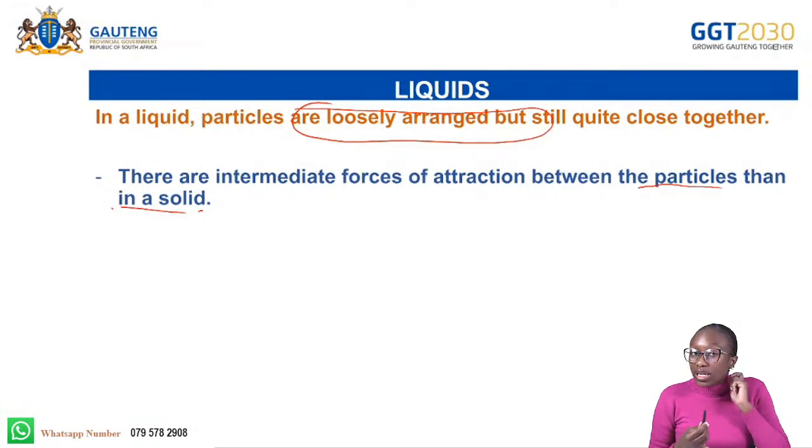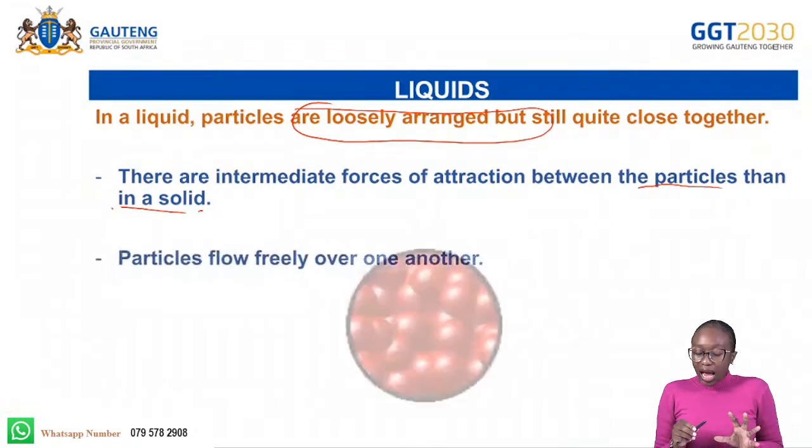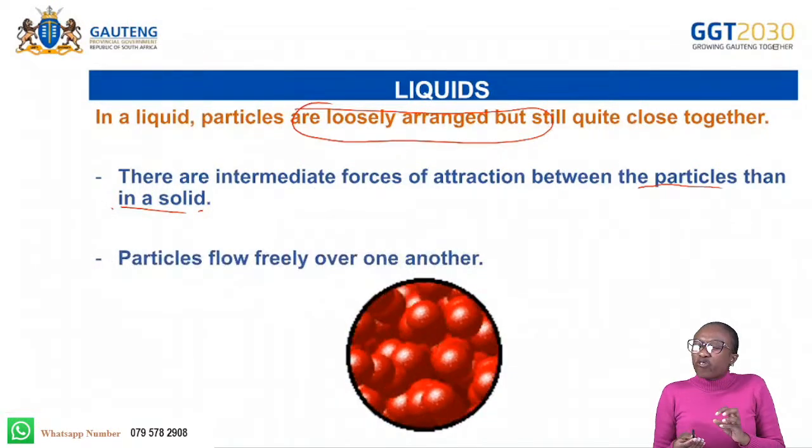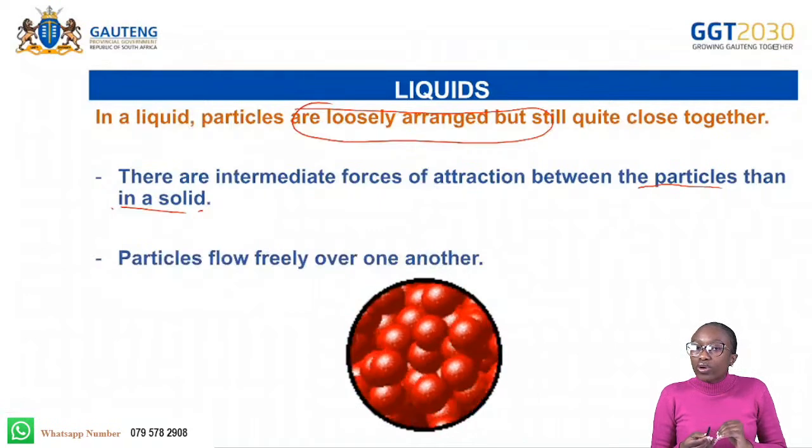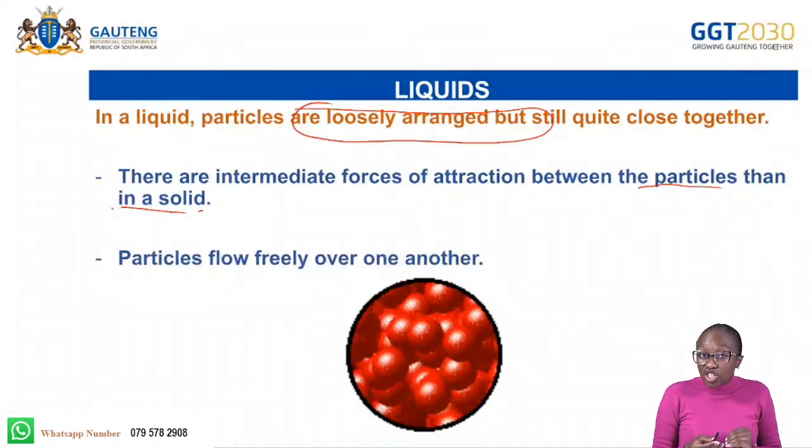Remember, in the solid, what did we say? We said between the particles, there are strong forces of attraction that are holding the particles together. Now, with liquids loosely arranged, the forces of attraction are less than those of a solid.